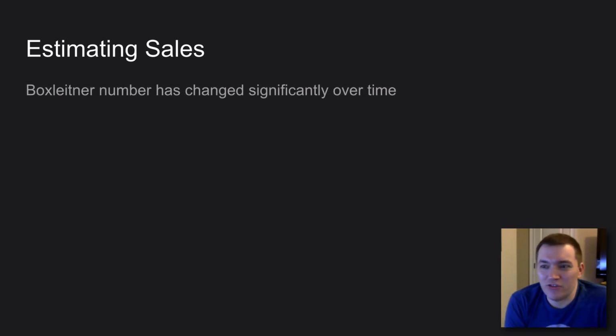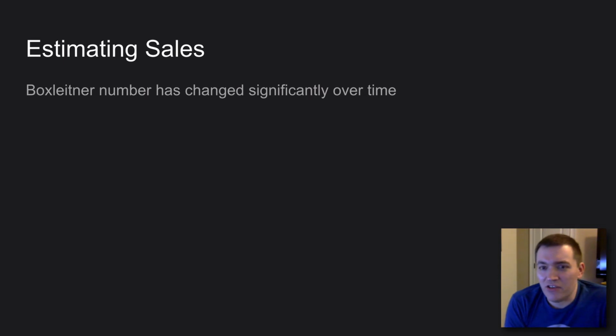When I first started looking at this topic back in 2015 and 2016, most people said 75 or 80 was the number. So if a game had, let's say, 1,000 reviews on Steam, you multiply that by 80, so you'd estimate there are 80,000 owners of that game.